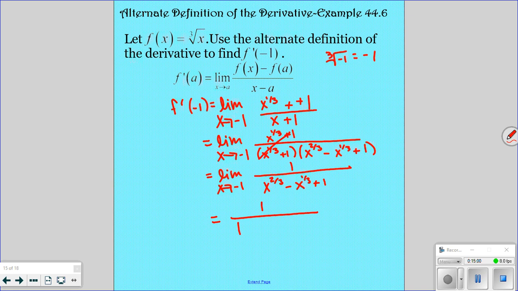So that's going to become a positive 1. Minus the cube root of negative 1 is negative 1. So minus the negative 1 is a plus 1, and then plus 1. So we really end up with 1 over 3. And so that would be your answer there.